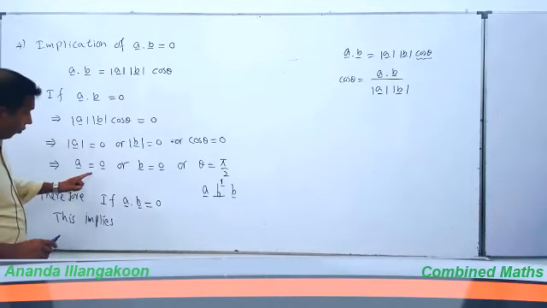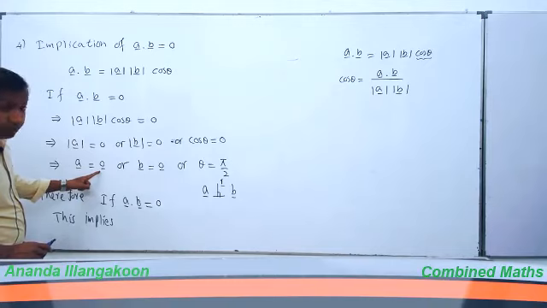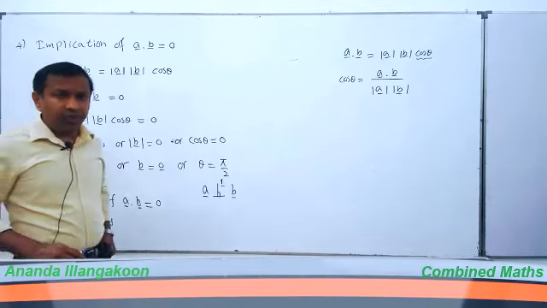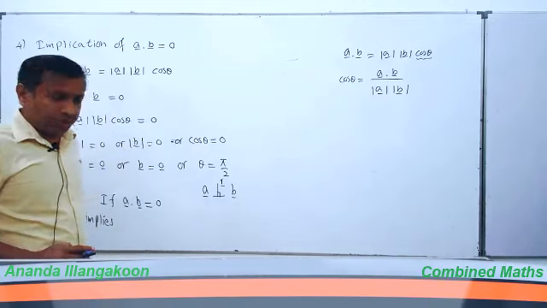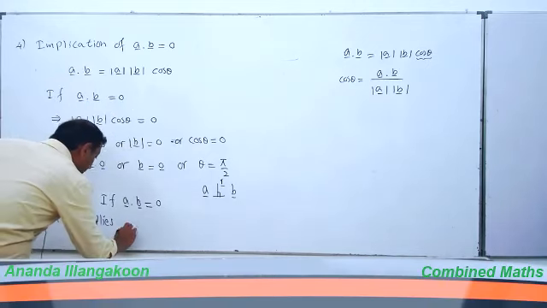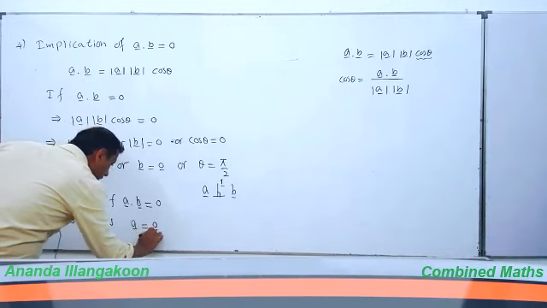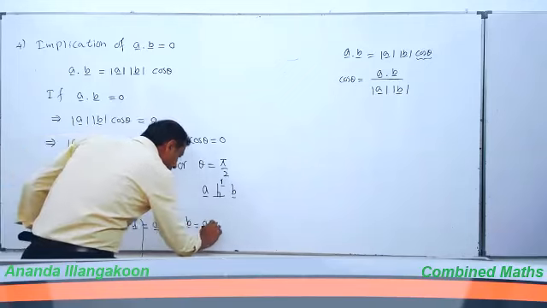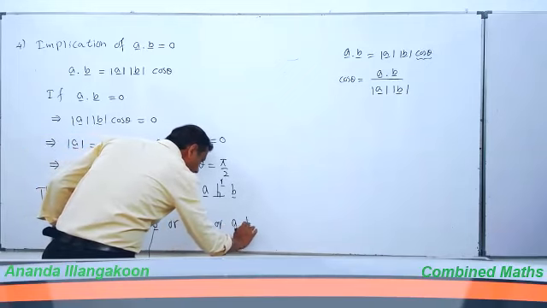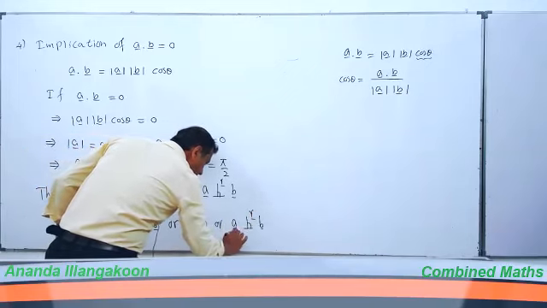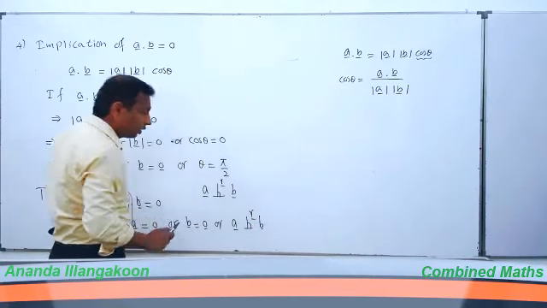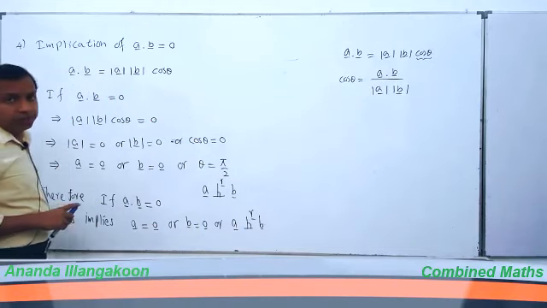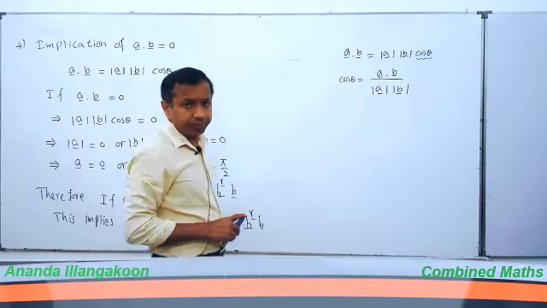Vector A is a null vector, or vector B is a null vector, or the two vectors A and B are perpendicular to each other. These are the possible outcomes when A dot B is equal to 0.